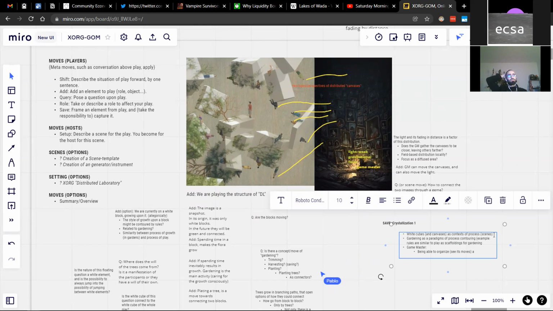What would be called is the context as a diffused area, like light.